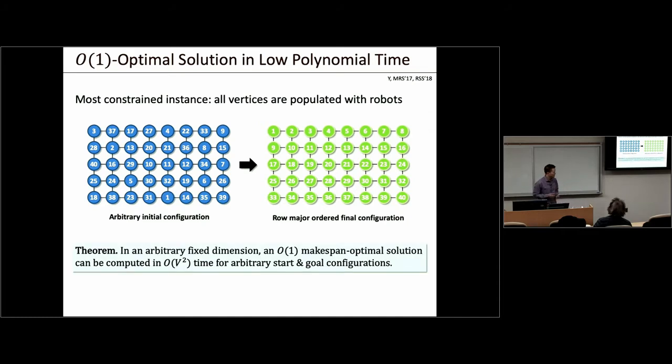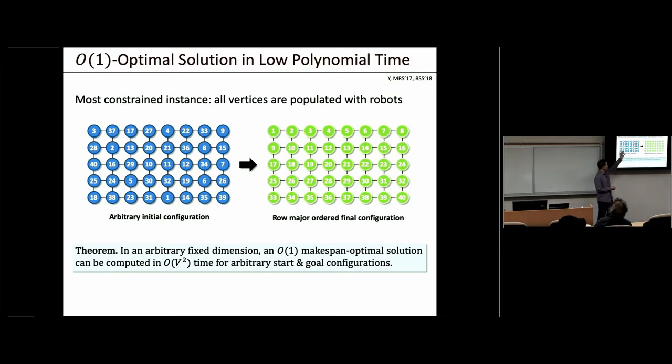So first, let me state the result. In an arbitrary fixed dimension, so here we show a 2D grid, our method actually works on arbitrary fixed dimension. So if you have a 3-dimension, 4-dimension, 5-dimension grid, all this would be fine. We can actually compute a constant factor makespan optimal solution in a quadratic amount of time.